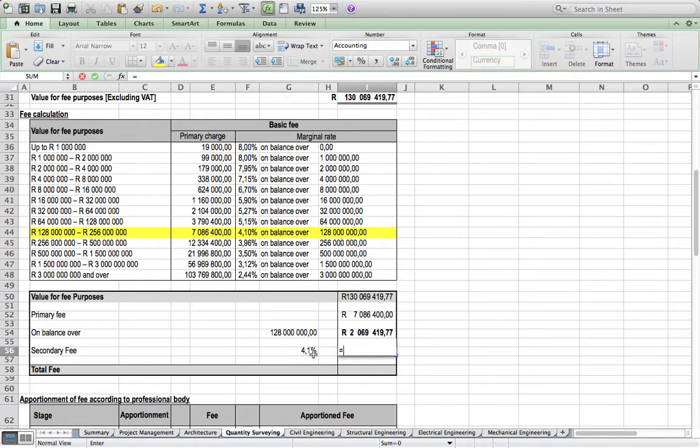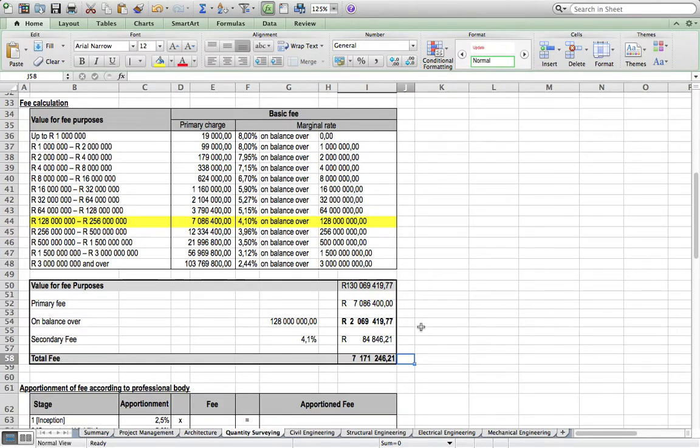To get the secondary fee, we multiply 4.1% by the value for fee purposes less balance over, and that gives us 84,000. Then the fee for the quantity surveyor is that secondary fee plus the primary fee. Total fee for the quantity surveyor is 7.1 million.